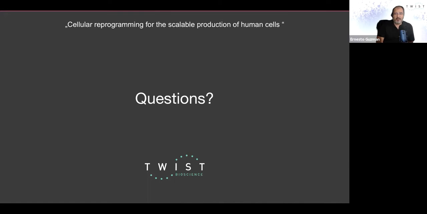So a couple of questions here. How does the opti-ox improve reprogramming? So reprogramming the cells is by directly activating a program that defines a particular cell identity by overexpressing a transcription factor from within.